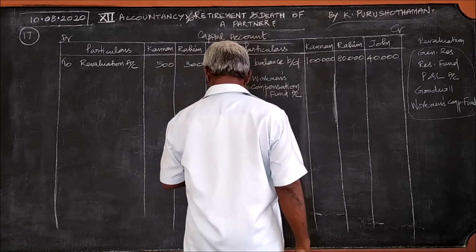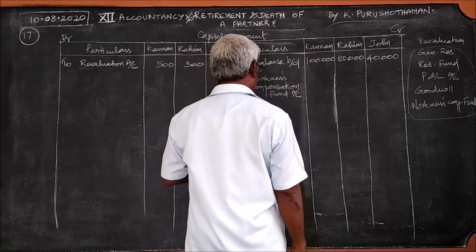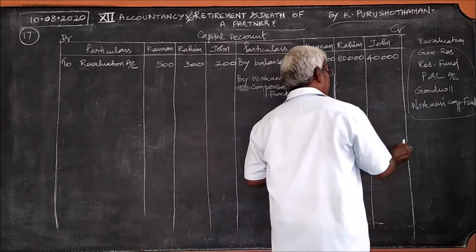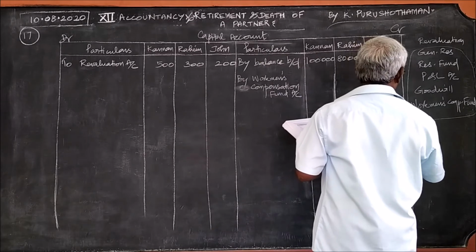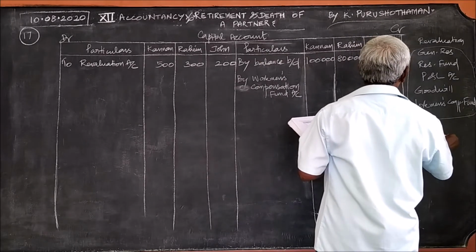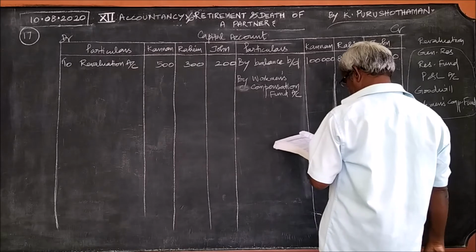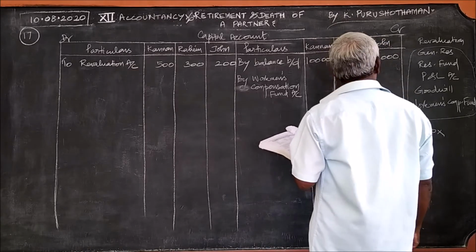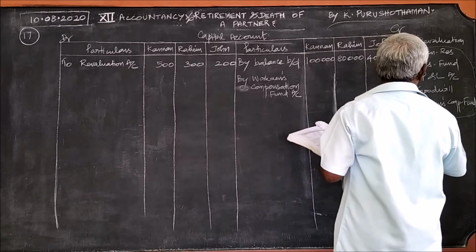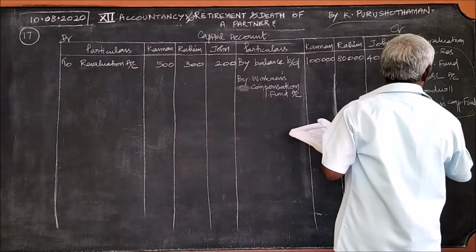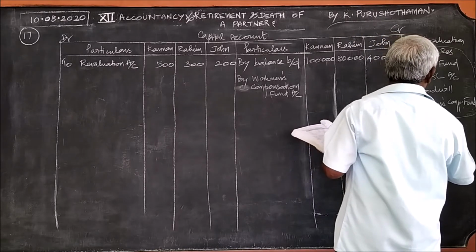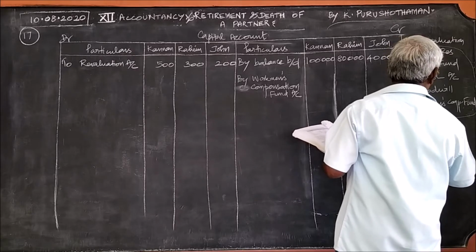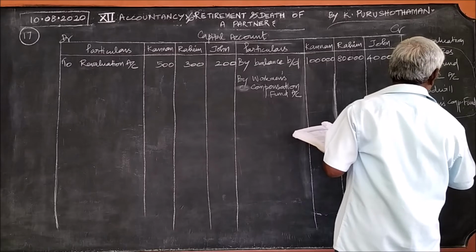What is the amount given there? 30,000. That 30,000 should be divided among the partners in the ratio. What ratio is given there? The ratio is 5:3:2. So 5/10, 3/10, 2/10.